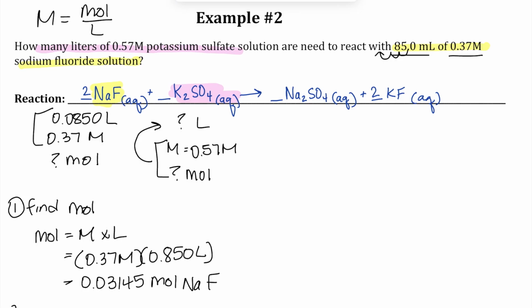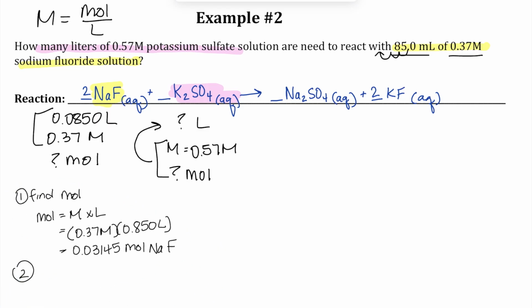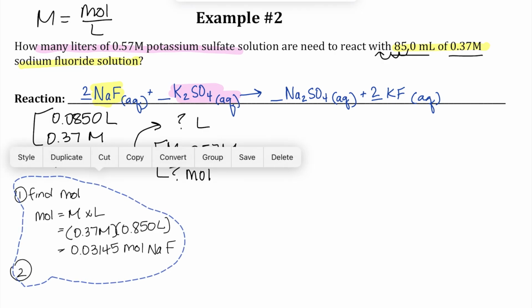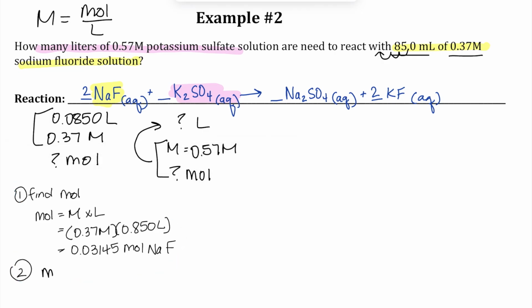My step 2, now that I have something I can do stoichiometry with, is going to be to do that stoich to go from my moles of NaF to my moles of K2SO4. So taking my 0.03145 moles that I just calculated, I need to use that mole ratio.